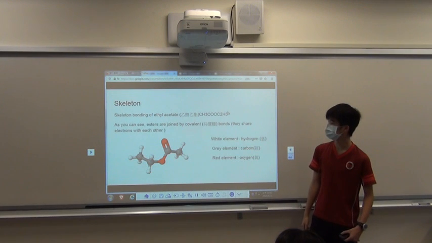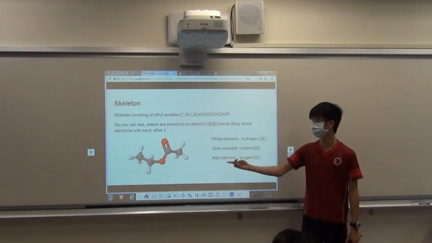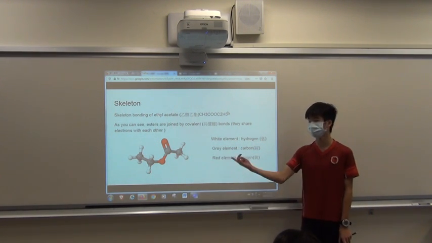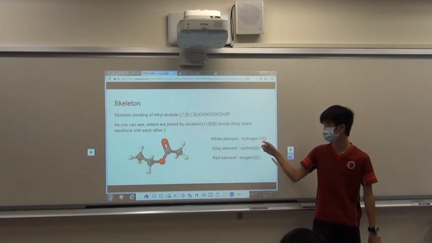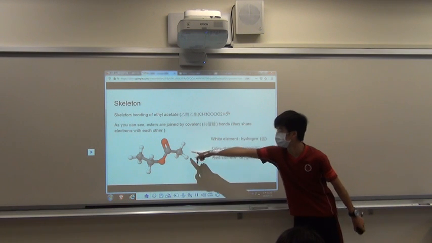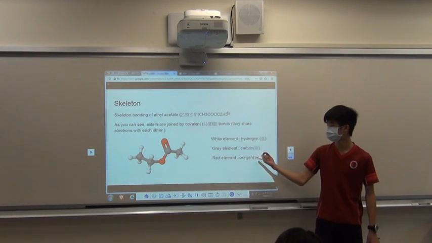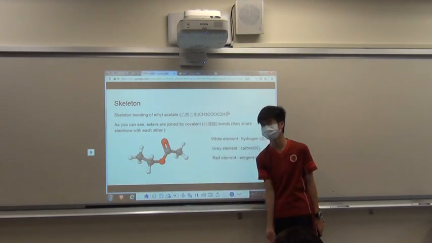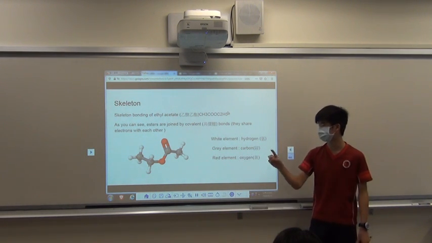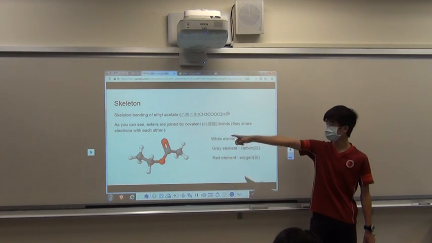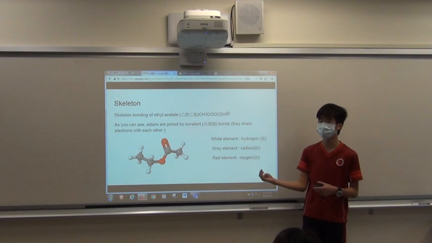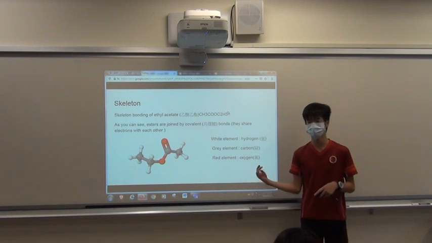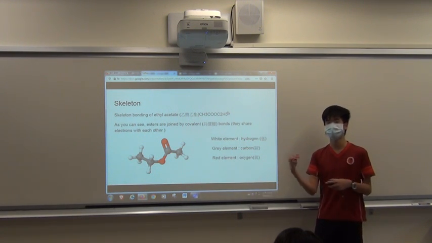So this is a skeleton of how these molecules look. As you can see, the white element represents hydrogen, the gray element symbolizes carbon, and the red element symbolizes oxygen. Esters are joined by covalent bonds, meaning that they share electrons, instead of one element taking away all the electrons, as in an ionic bond.